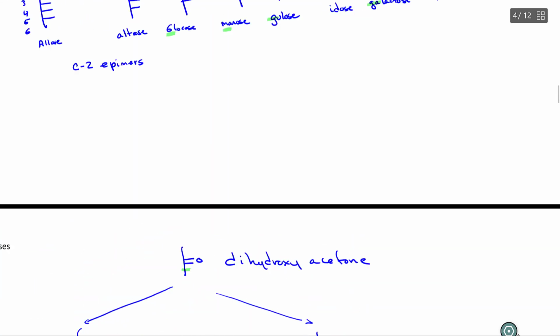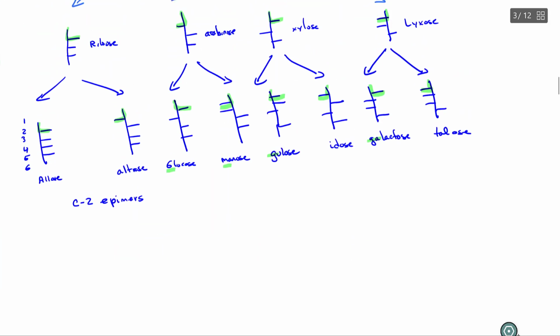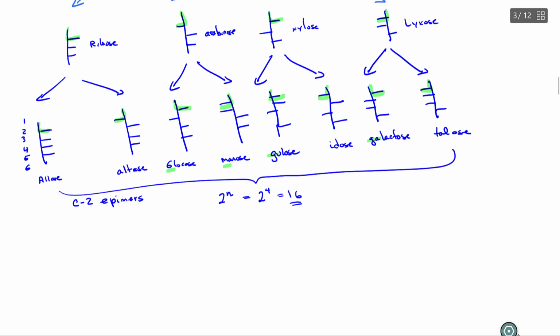And the reason you have more of the aldoses is because there's another stereocenter. So if you take 2 to the n, that's going to be 2 to the 4th, which is equal to 16. So there's actually 16 aldohexoses, but these all represent the D's.